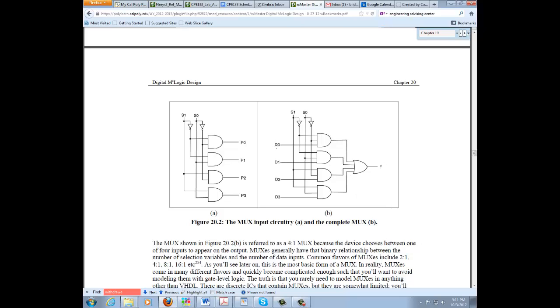By ANDing the data with the select signals, you're passing the data through the AND gate. So if your select was 0, 0, this would be a 1, 1 on the top AND gate. Then depending on what data 0 is, that is what would get passed through. If D0 was a 1, you'd have 1, 1, 1, which would give you a 1 output, passing the value of D0 out through the output.